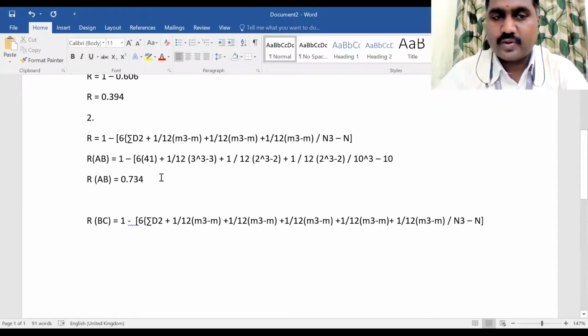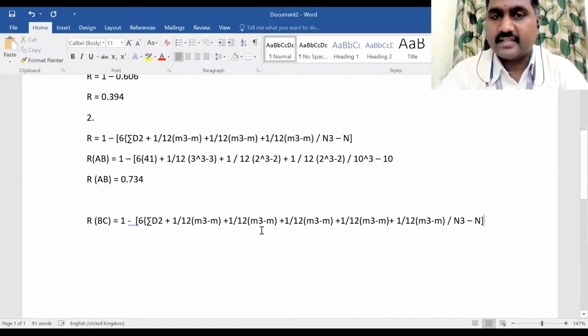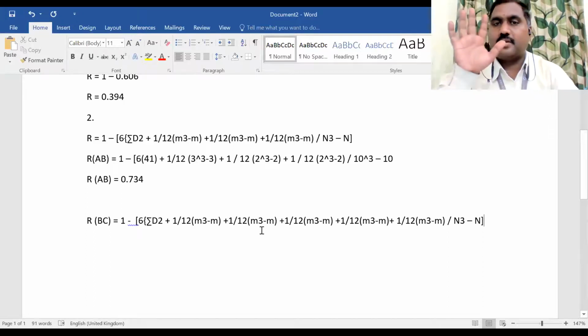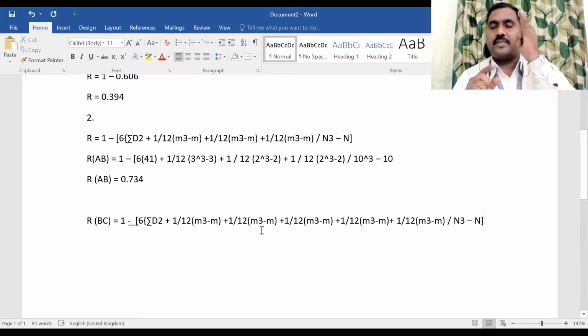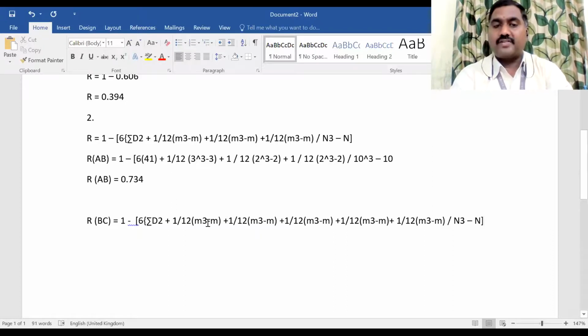See, for the first one, 3 numbers are repeated, so we mentioned 3 times 1 by 12. For the second, judge B and C, 5 numbers are repeated. 5.5 is repeated 2 times, 8.5 is repeated 2 times, number 9 is repeated 3 times, number 5 is repeated 3 times, number 2 is repeated 3 times. So 5 numbers are repeated. So 5 pairs of 1 by 12 into m power 3 minus m, we have mentioned.